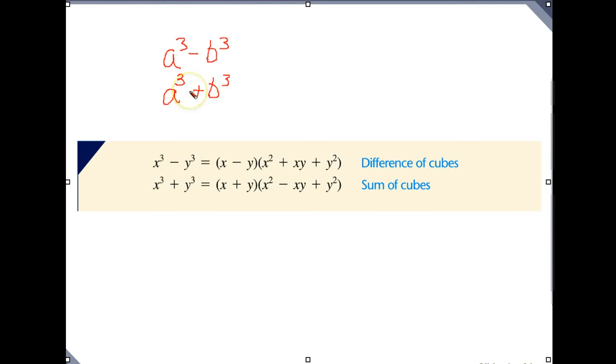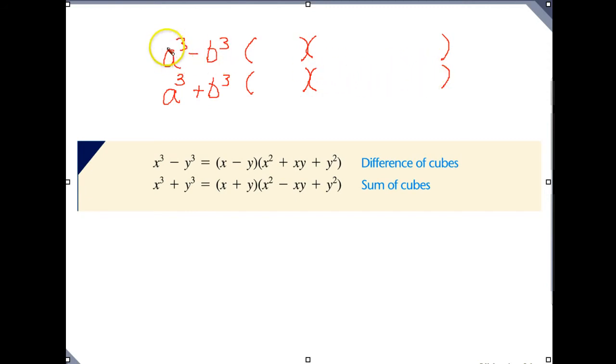And here it is step by step. You make a parenthesis for two terms and a parenthesis for three terms. And it's pretty much the same for both.